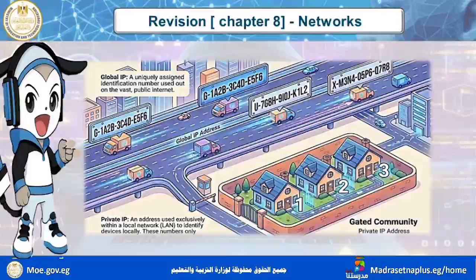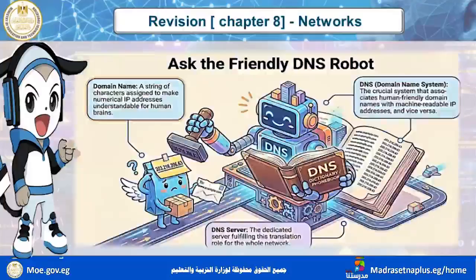These numbers are only used inside the network, and none of the other PCs outside the network can reach these IPs or these clients. Now, what about the domain name and what does the DNS server do? A domain name is a string of characters assigned to make numerical IP addresses understandable for human brains.